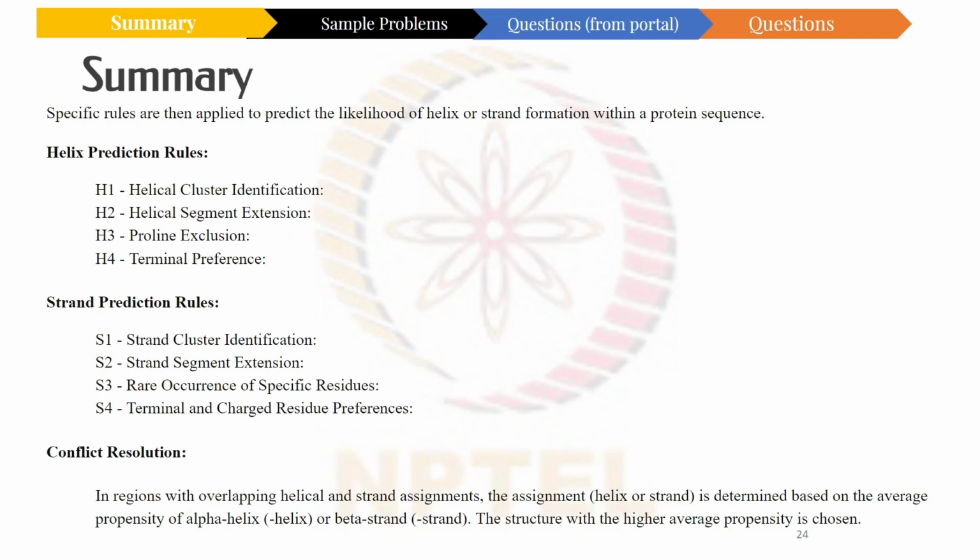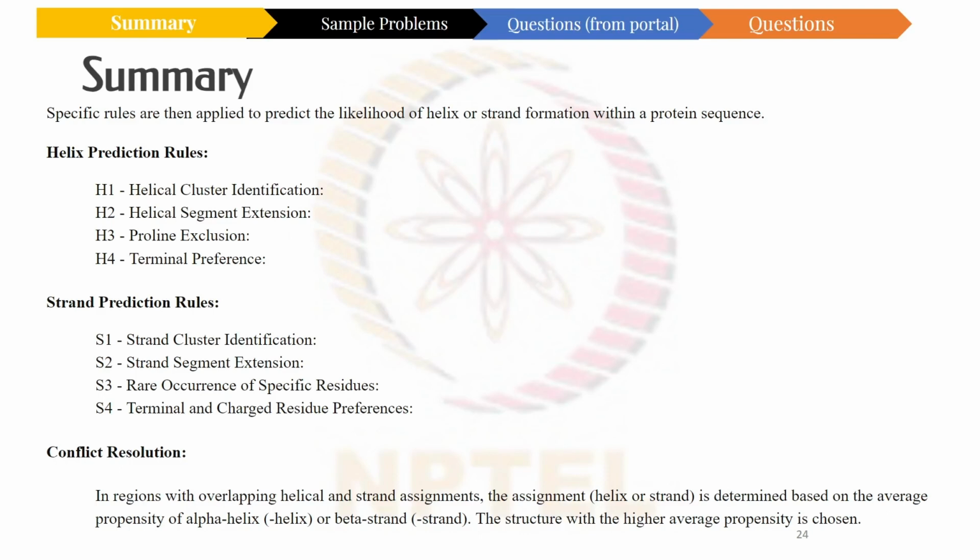Here we have some exclusion cases such as proline, which is termed as helix breaker. Proline cannot occur in the inner helix or at the C terminal end of the helix, and we also have terminal preferences in helices, where proline, aspartic acid, glutamic acid prefer the N terminal end, whereas histidine, lysine, and arginine prefer the C terminal end.